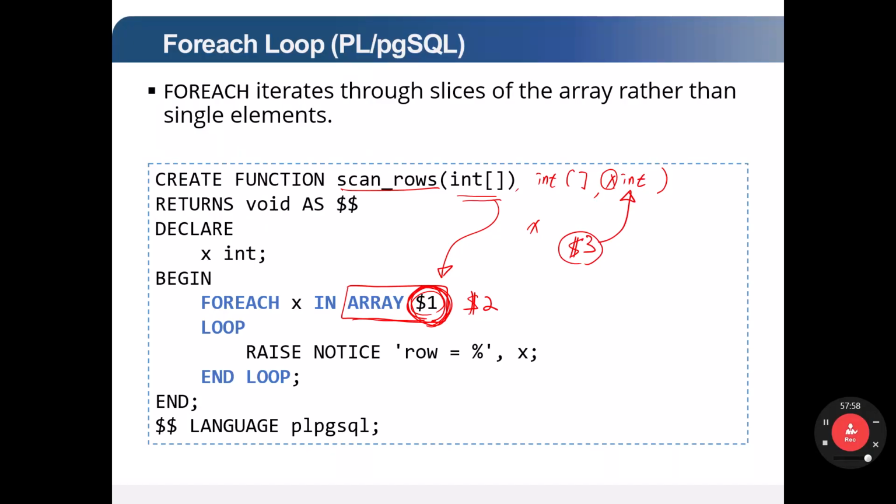So dollar one indicates the first argument, dollar 2 indicates the second argument, and so on. Anyway, in this example, dollar one is referencing the argument array, and to iterate that array, we use the for each construct, and this variable x must be of integer type because that array is of integer type.